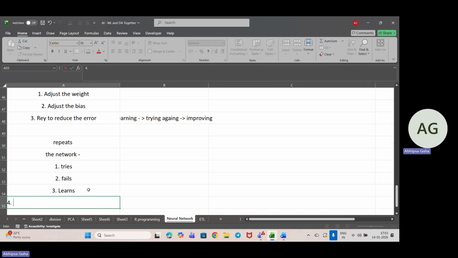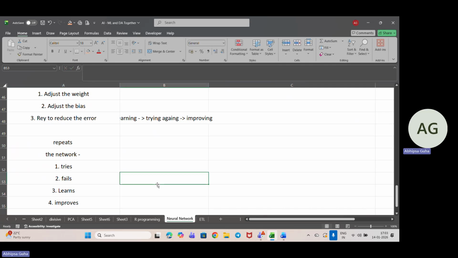This is exactly how we learn anything in life. The same way has been mimicked in a neural network so that it can also learn, right? So this is how it works.